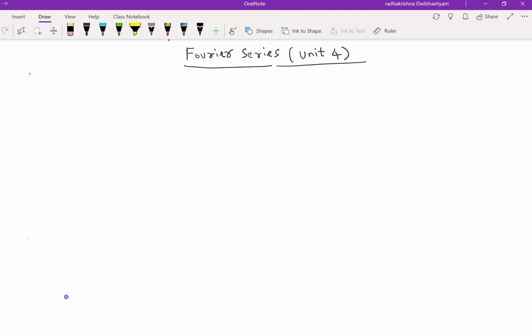They are Fourier series in the interval 0 to 2 pi, then in the interval minus pi to pi, then in the interval 0 to 2L, then in the interval minus L to L. So in different intervals, we have to obtain the Fourier series for a given function. These intervals will be mentioned along with the function.